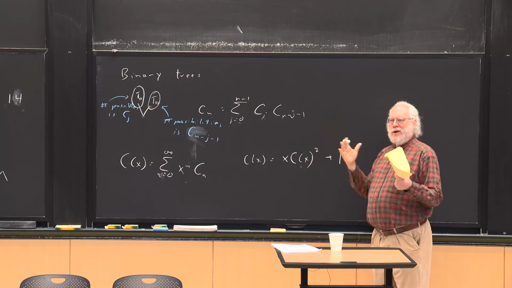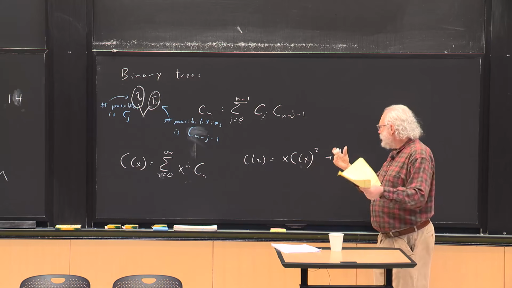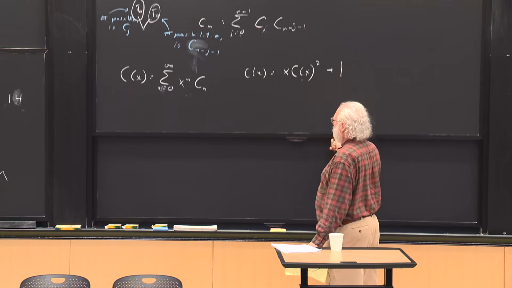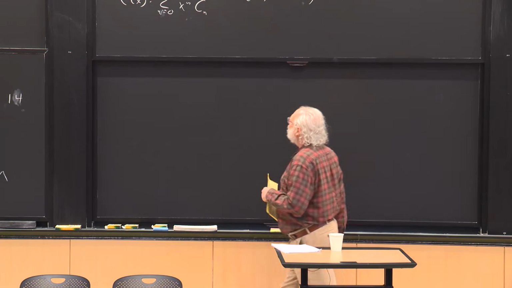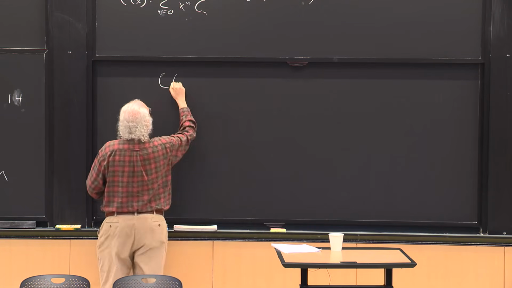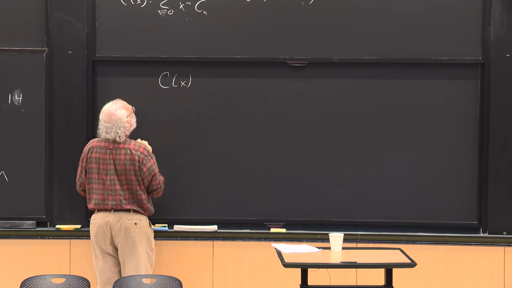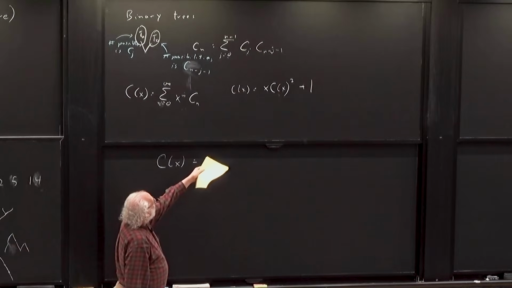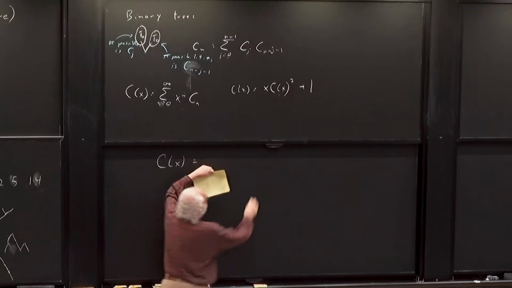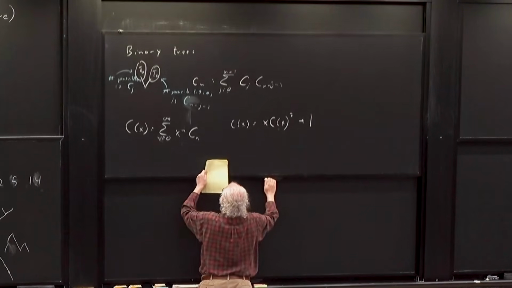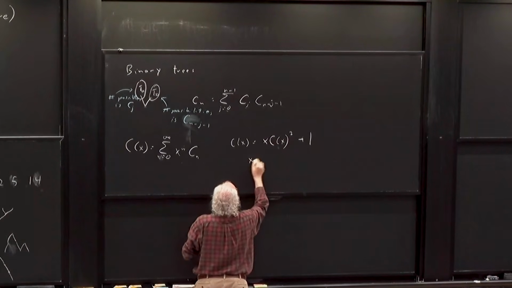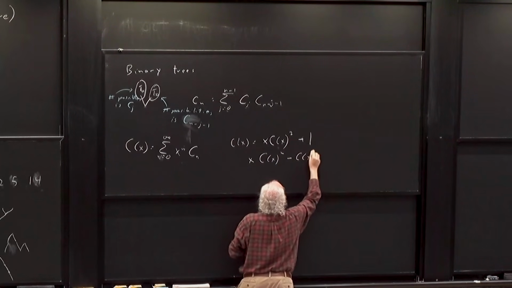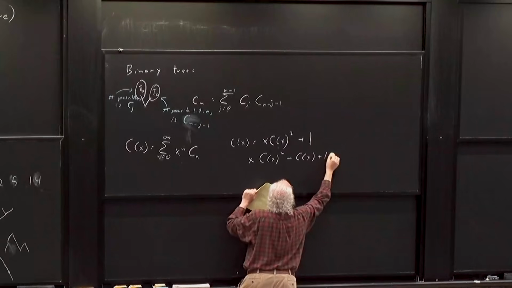It's a quadratic equation. We know how to solve quadratic equations, so let's do it. Let's put this quadratic equation in the standard order: x times C of x squared minus C of x plus 1 equals 0.